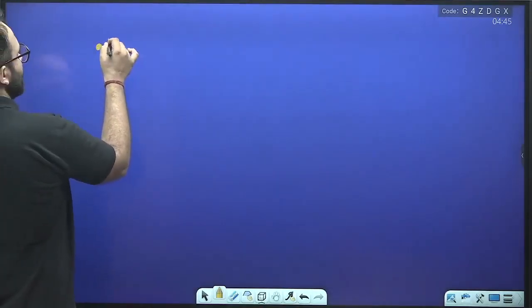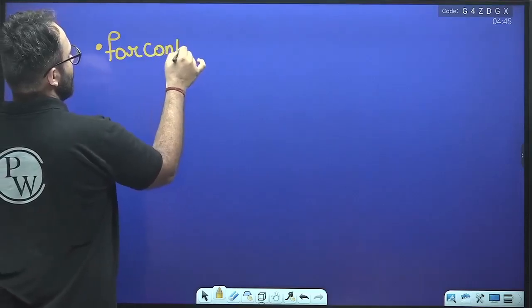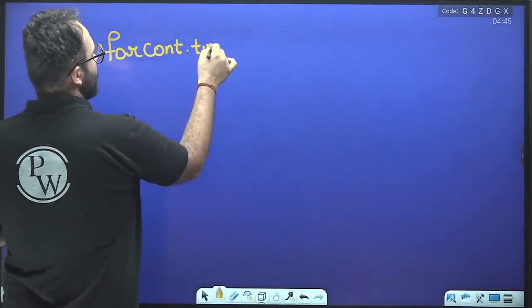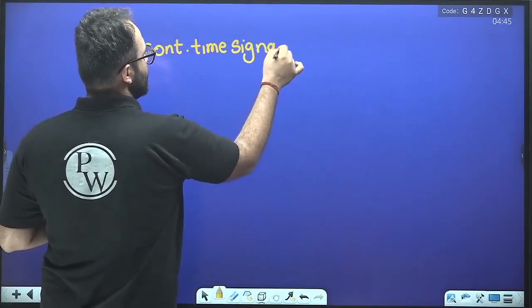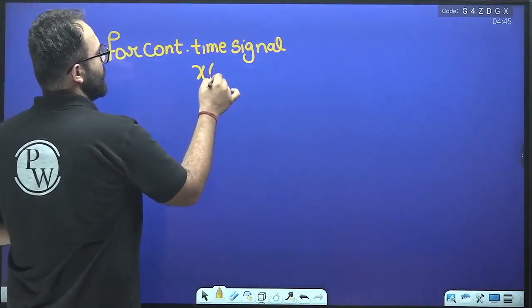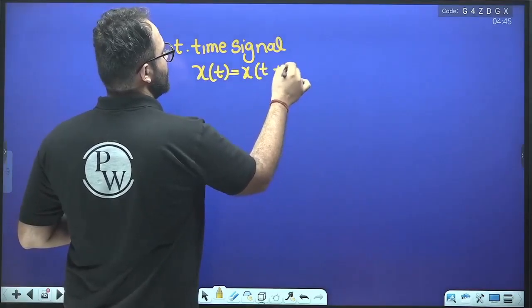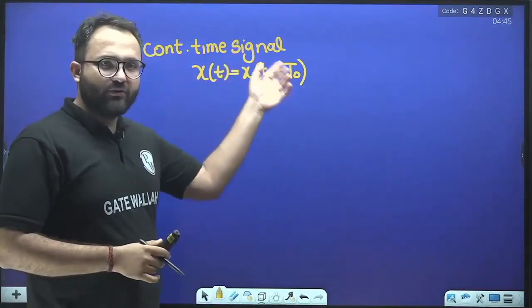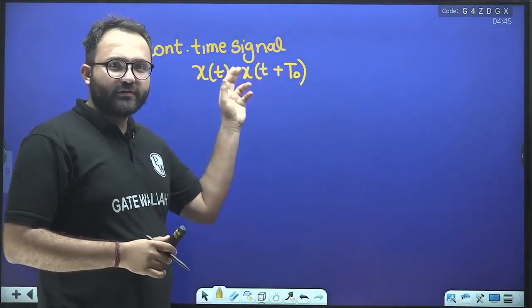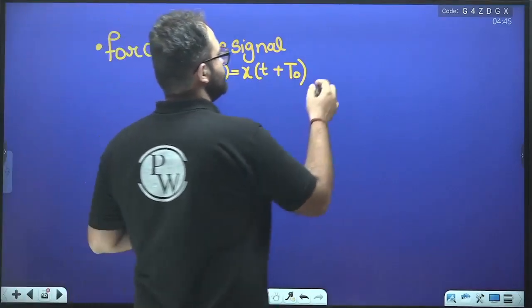For continuous time signal, the definition is x(t) is equal to x of t plus T naught. That is, if you shift the signal by capital T naught, then you will get the same signal again.